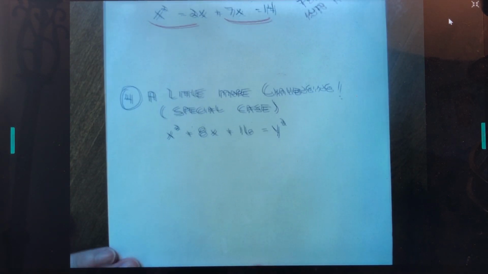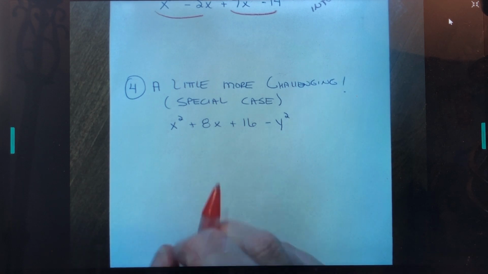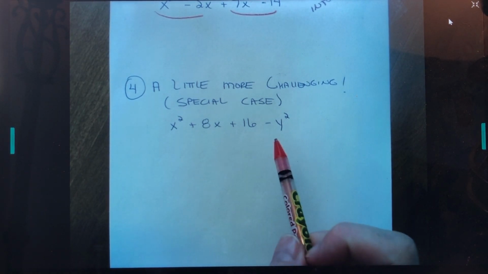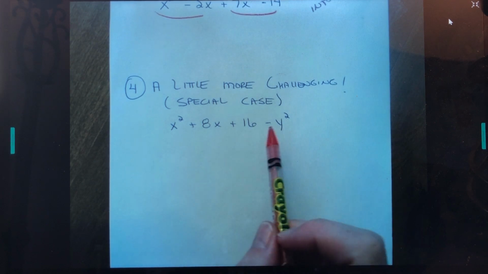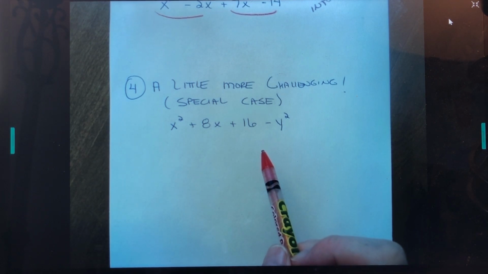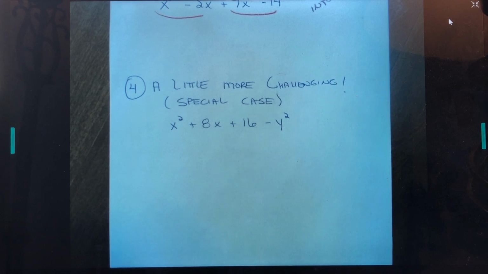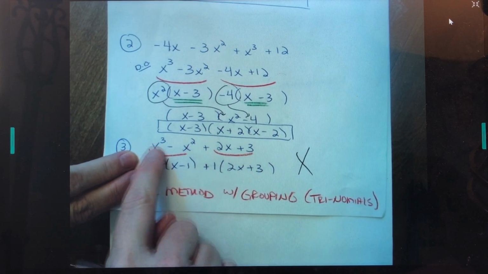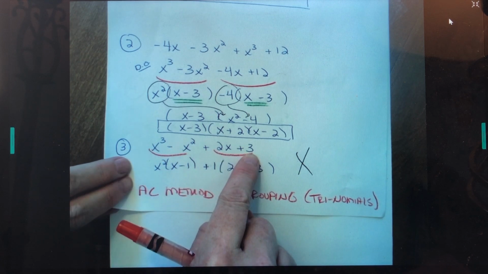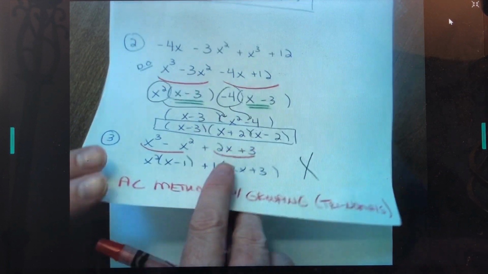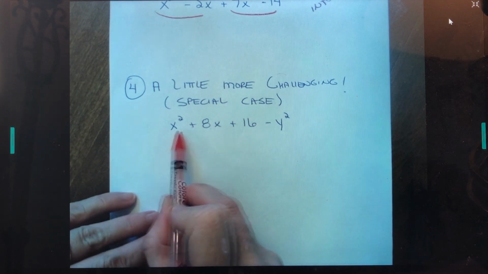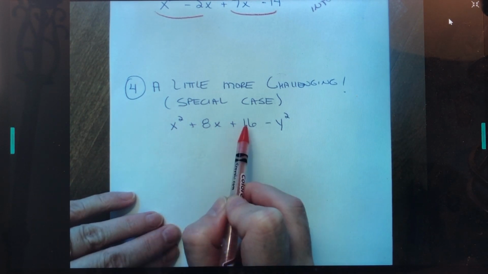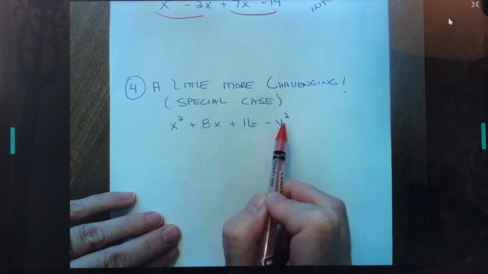The last thing I want to point out quickly on the four-term polynomials is there are also polynomials that are four-term that you can't use grouping on. And it's not like this first example where this clearly looks like a four-term. I see some x's and numbers, but I tried it and it didn't work. This is a little different. If you take a peek at this, I see two terms with x's and a number and then a different variable.